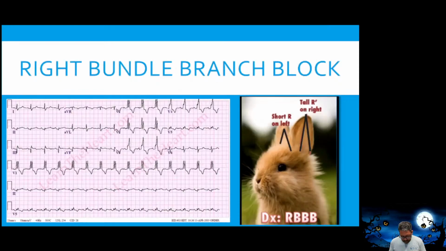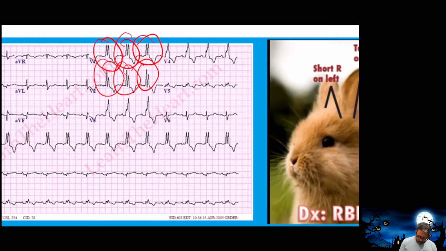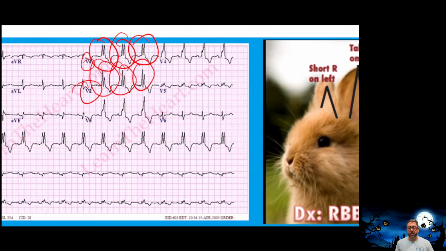Here's your right bundle. Now we really do get that really good bunny ear pattern. But where do we see it? V1 and V2. If you see it in V1, V2, it's got to be the right side, right bundle branch block. Just like ventricular hypertrophies.